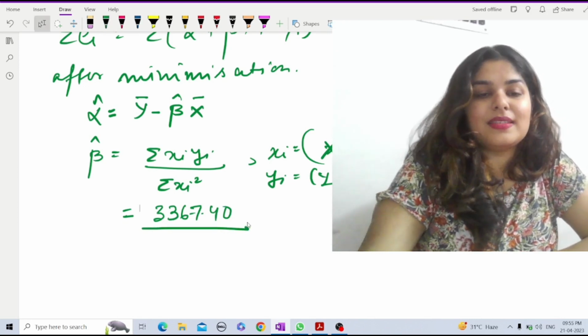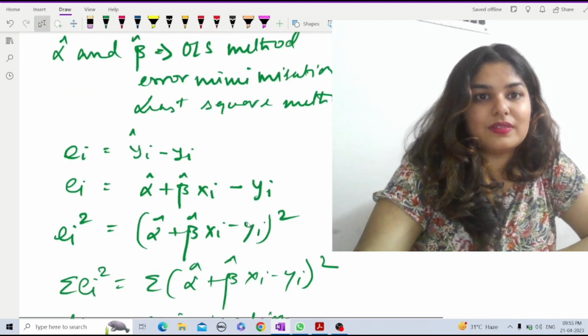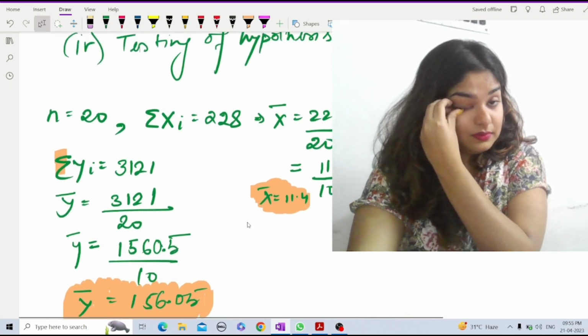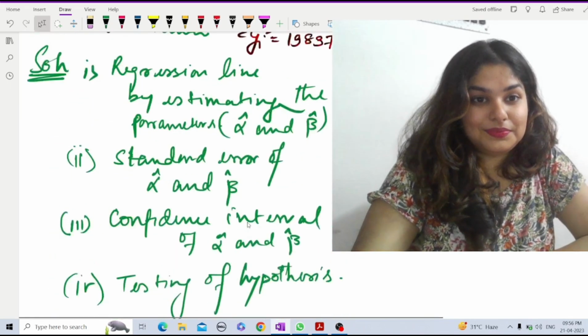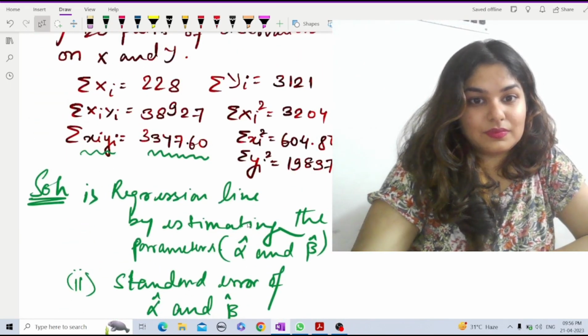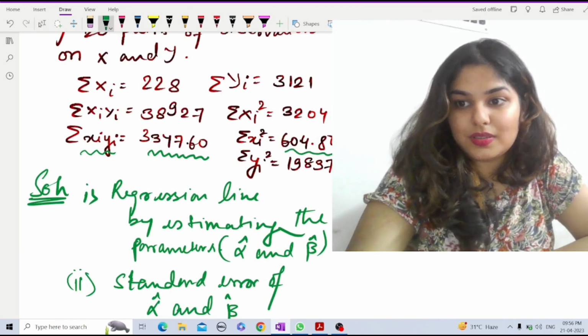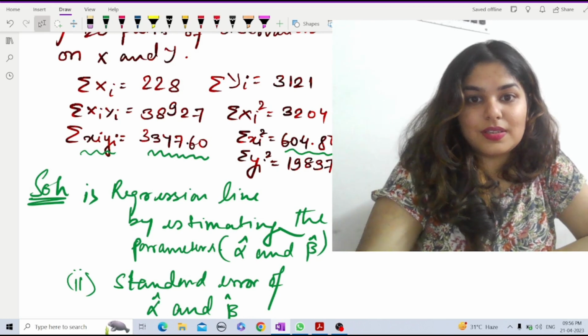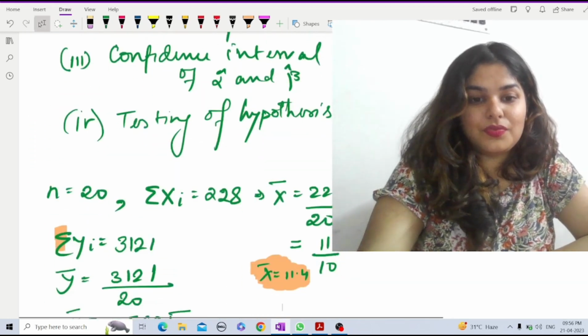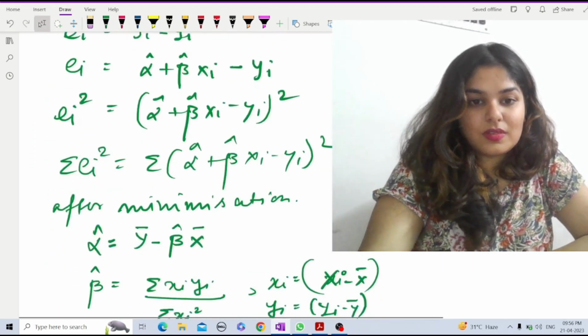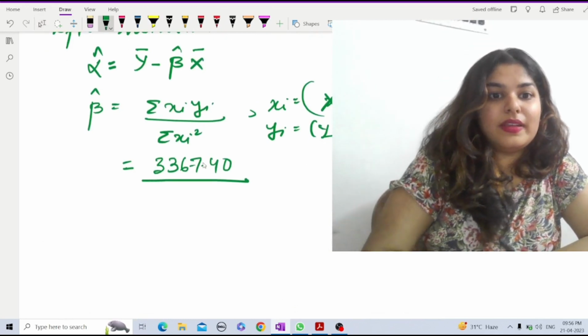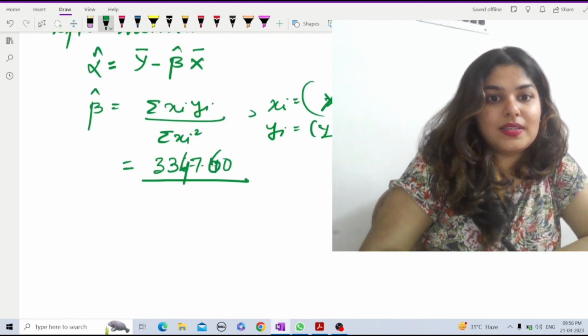Divided by, next is summation xi square. Yes, that is 604.80. This one is 3347.60, right?